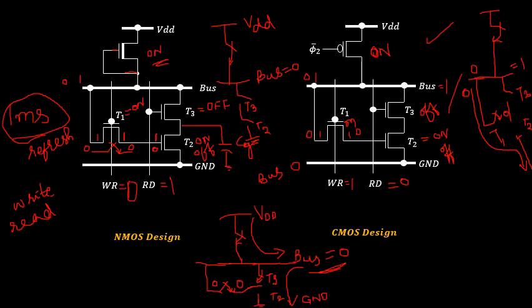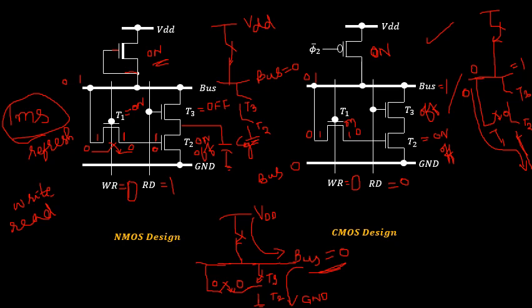So instead of a closed switch, it will be an open switch, something like this. It does not get closed when the bus is carrying a logical 0 state. So the write operation will be performed. After performing the write operation, whether the bus is carrying logical 0 or logical 1, put the write signal to 0.